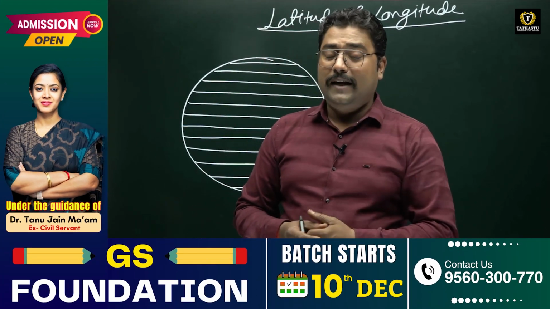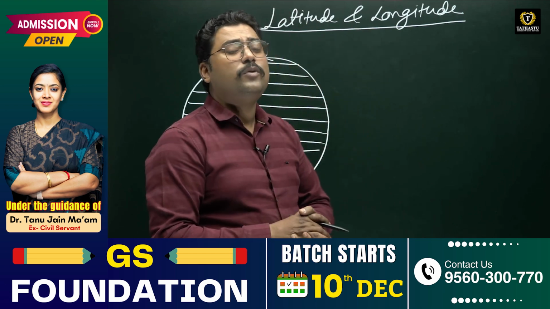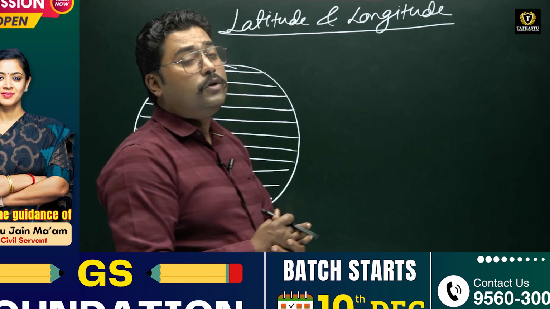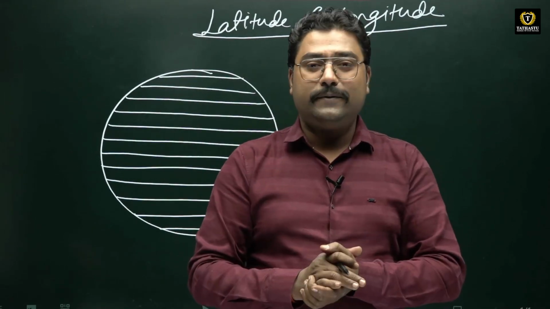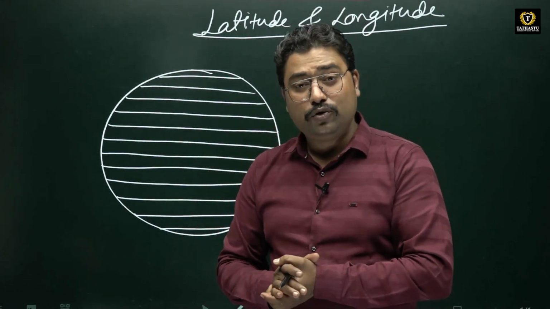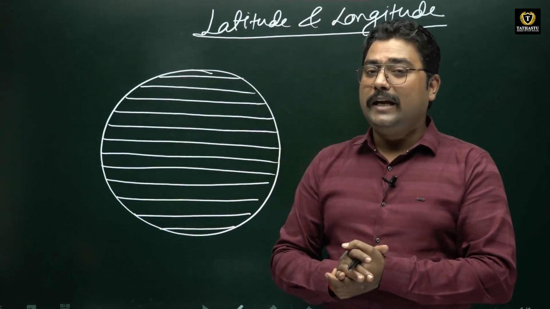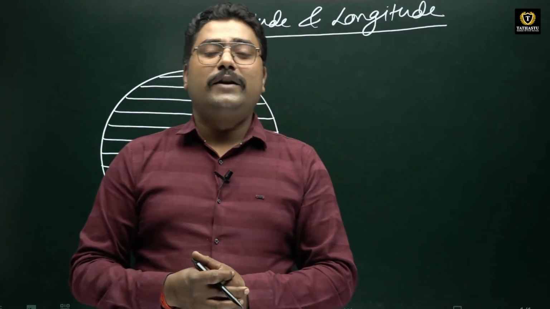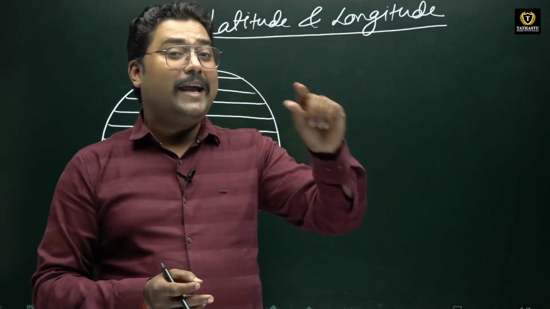On the other hand, they are parallel to each other. Parallel means the lines which never intersect, and the distance between two will always remain the same. The distance between two latitudes is 111 kilometer, but if we talk about the exact distance, it is 111.3.